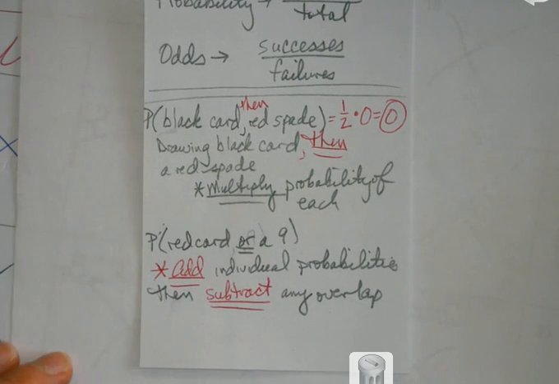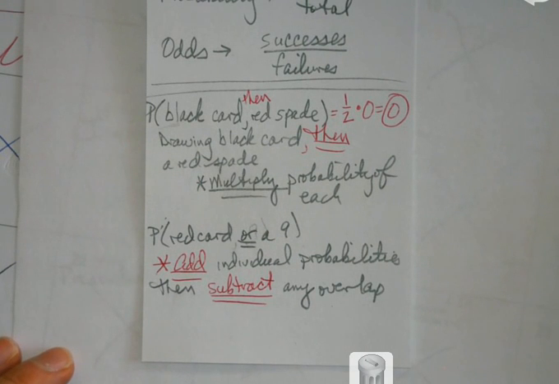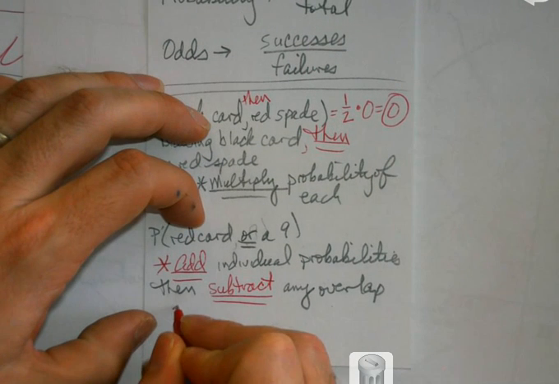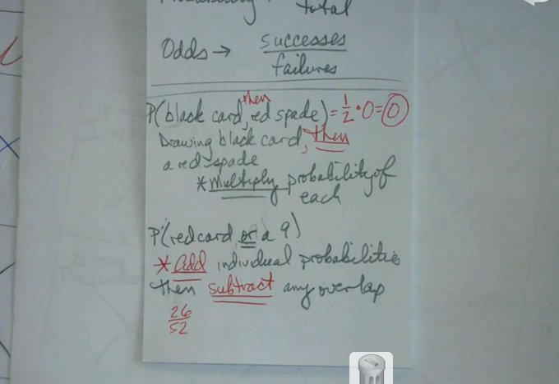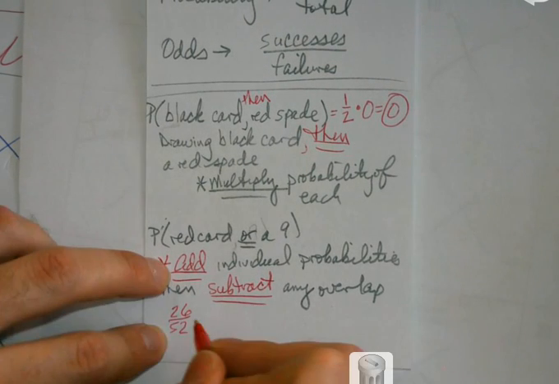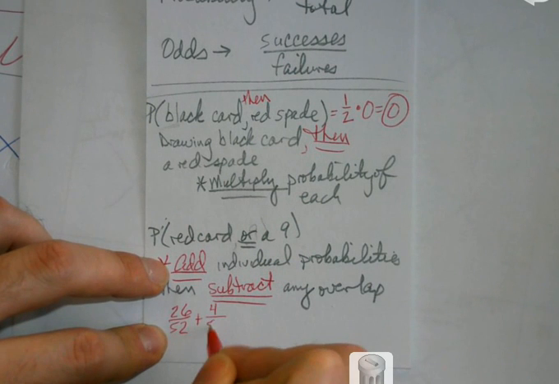So in this case, what I would do is I'd say, okay, my chances of getting a red card, well, there's 26 of them out of 52. And you're like, why aren't you reducing right away? There's a good reason. What's my chances of getting a 9? How many of those are in a deck? 4. So plus 4 out of 52.